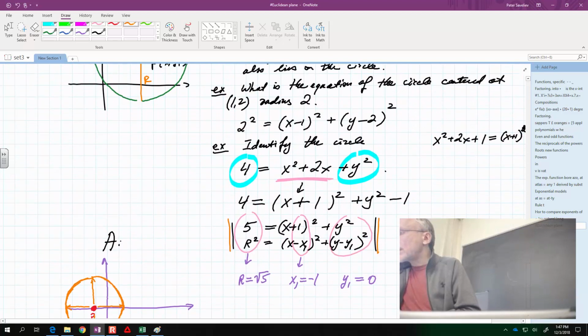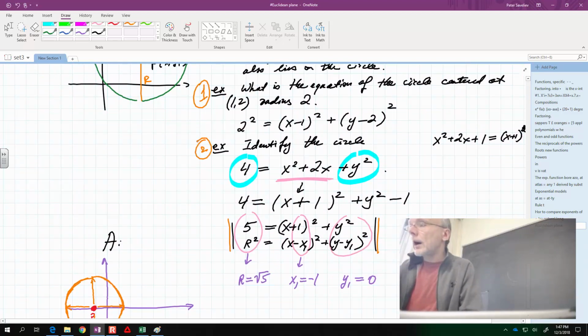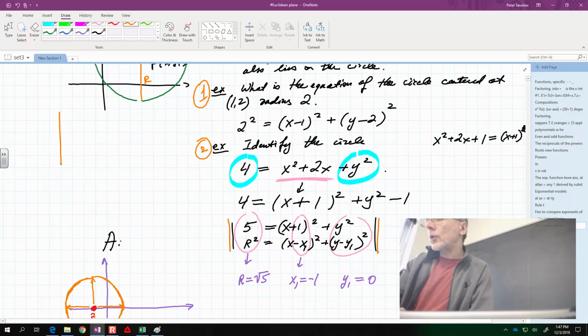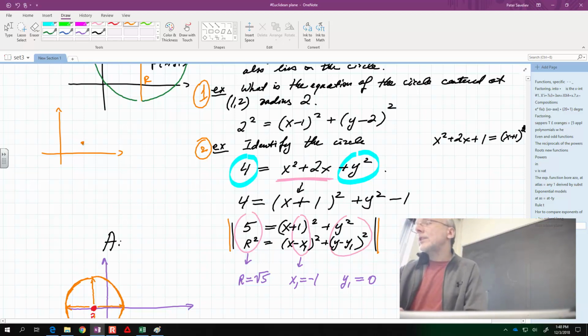Another type of problem. So these are the two types of problem, 1 and 2, the direct and the converse. But the first one can also have variations, such that instead of telling you the radius, you might have to find the radius indirectly. So, for example, what if it is centered at 1, 2, but the question is, what if the radius is unknown?